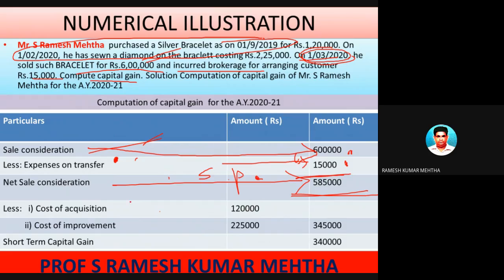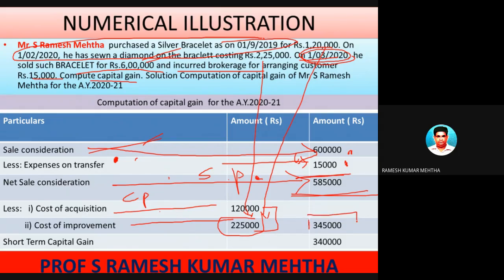Now there is a cost price. Cost price is cost of acquisition and cost of improvement. The cost of improvement is 2,25,000 rupees, and the cost of acquisition is 1,20,000 rupees. So the total cost is 3,45,000 rupees.